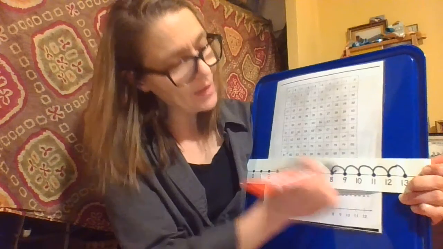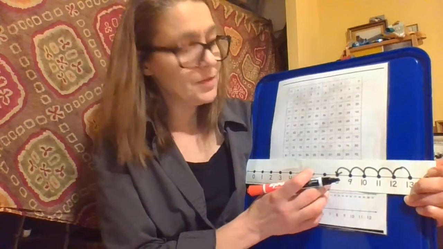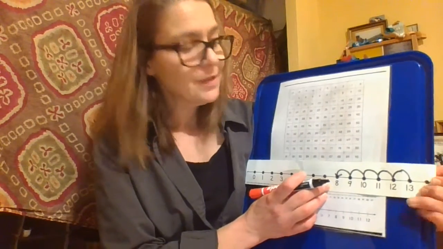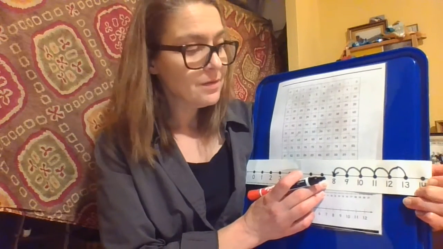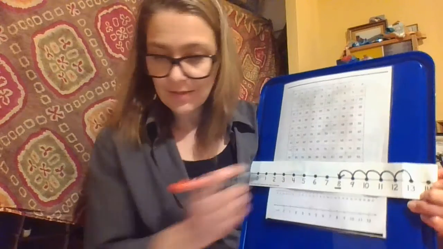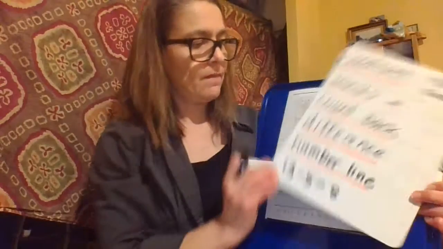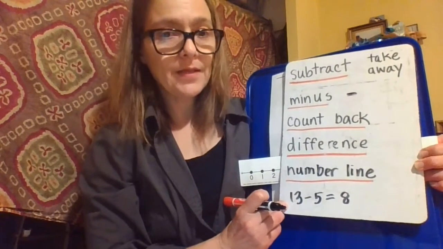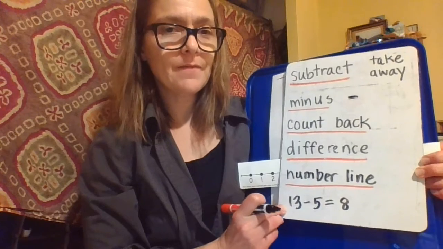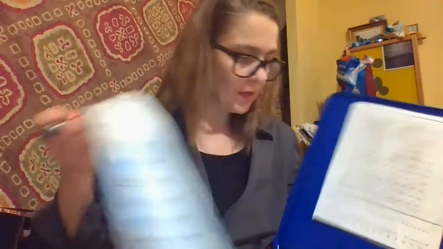And then that is the value that you land on, which is 8. So the difference between 13 and 5 is 8. And that's how it's written as an equation.